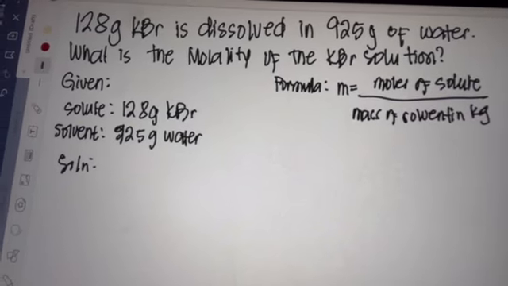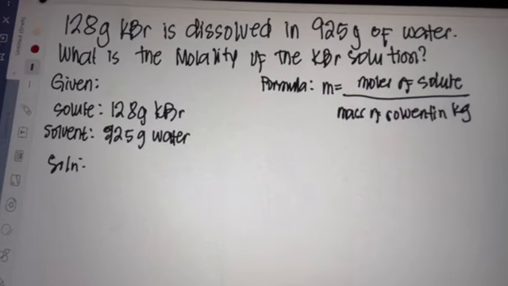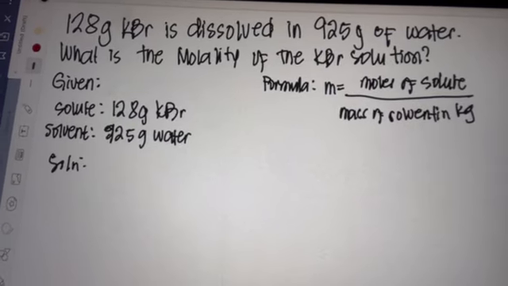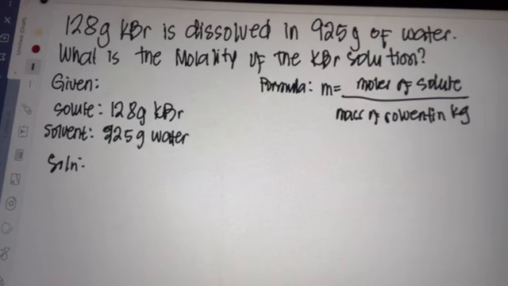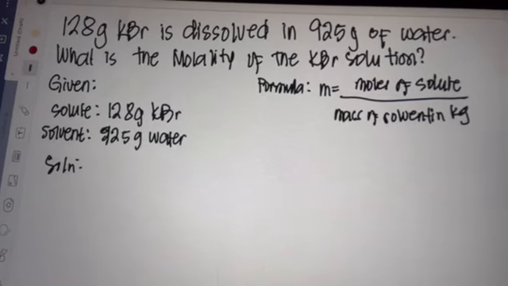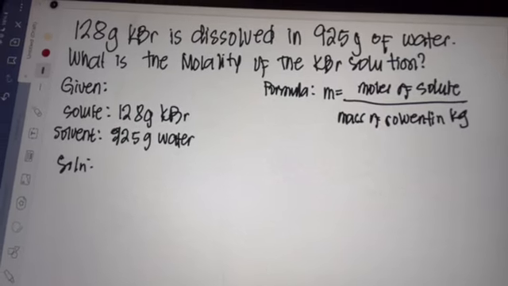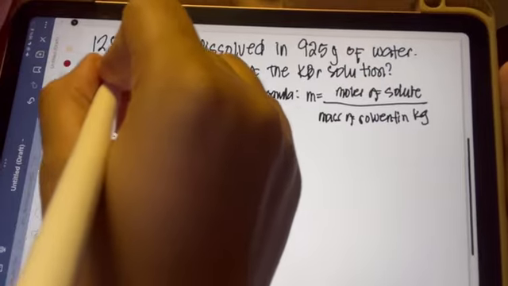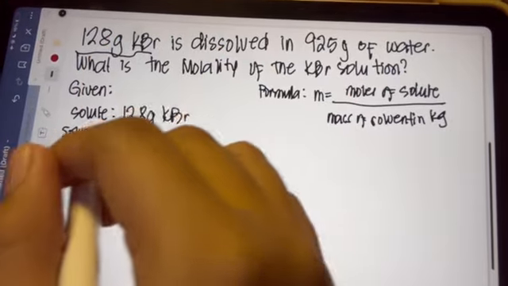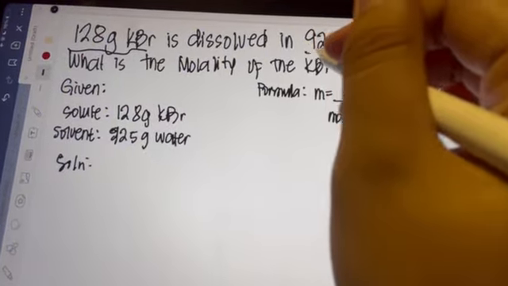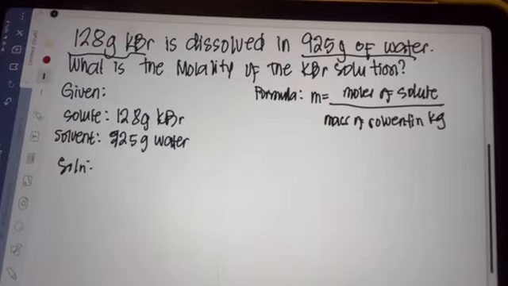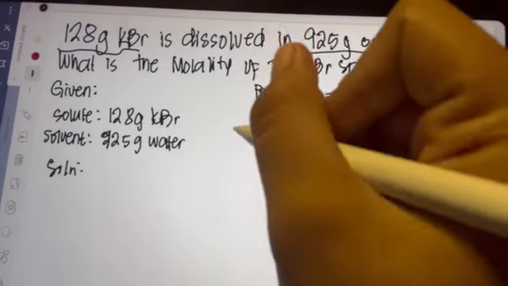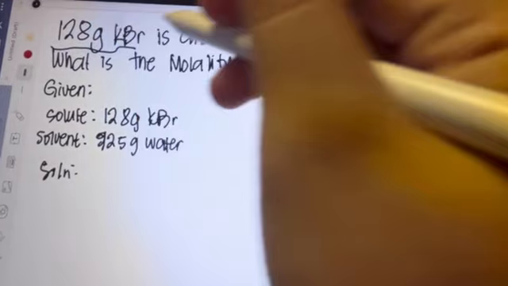The given problem is 128 grams of KBr is dissolved in 925 grams of water. What is the molality of the KBr in solution? So, the given is 128 grams of KBr and the solvent is 925 grams of water. The first step is to convert 128 grams of KBr.